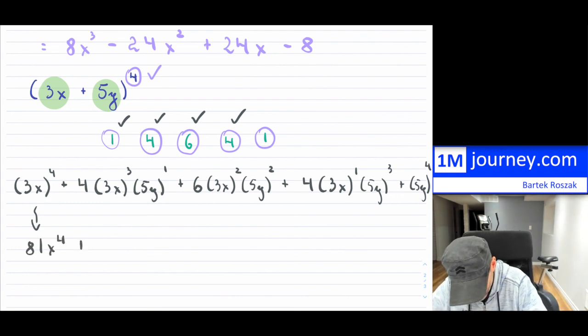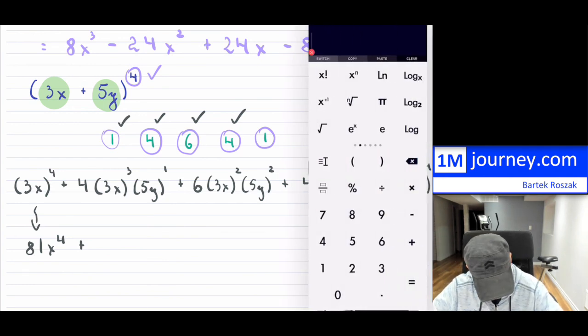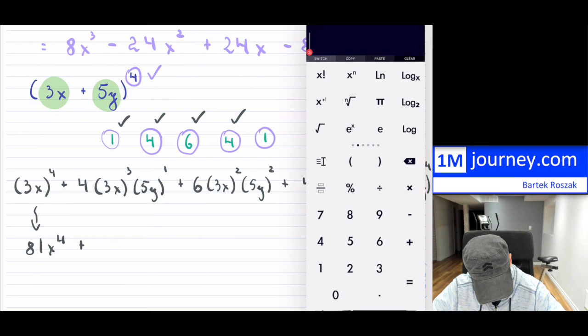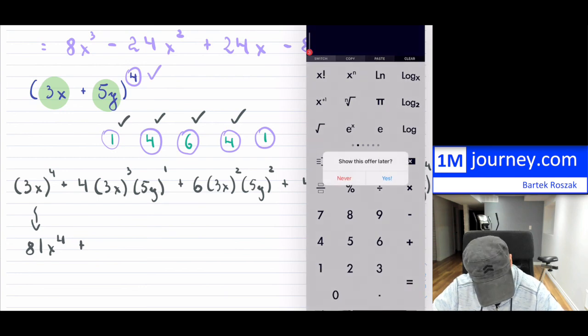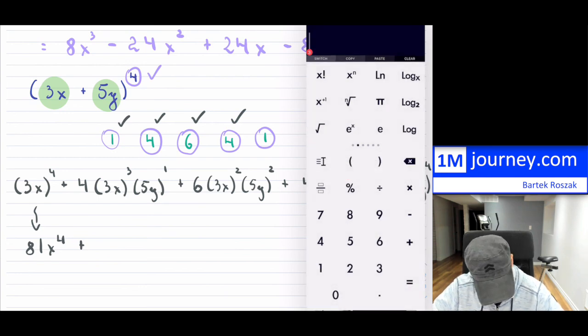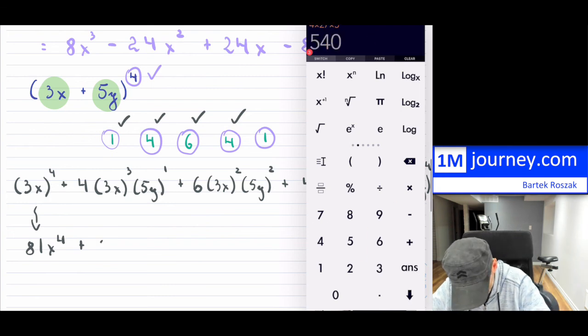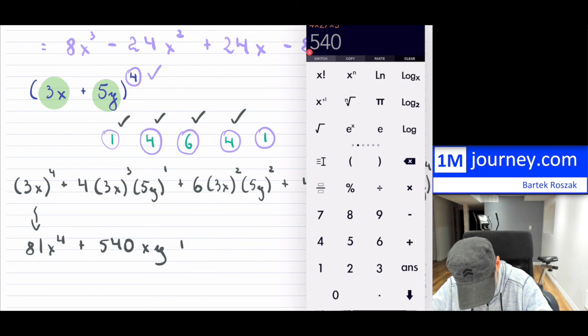It's going to be plus, and now I can continue this. Let me just work this out here to make sure. So this is going to be 4 times 3 cubed, which is actually 27, times 5. So this is going to be 540xy plus, all right, and I think you get the idea.